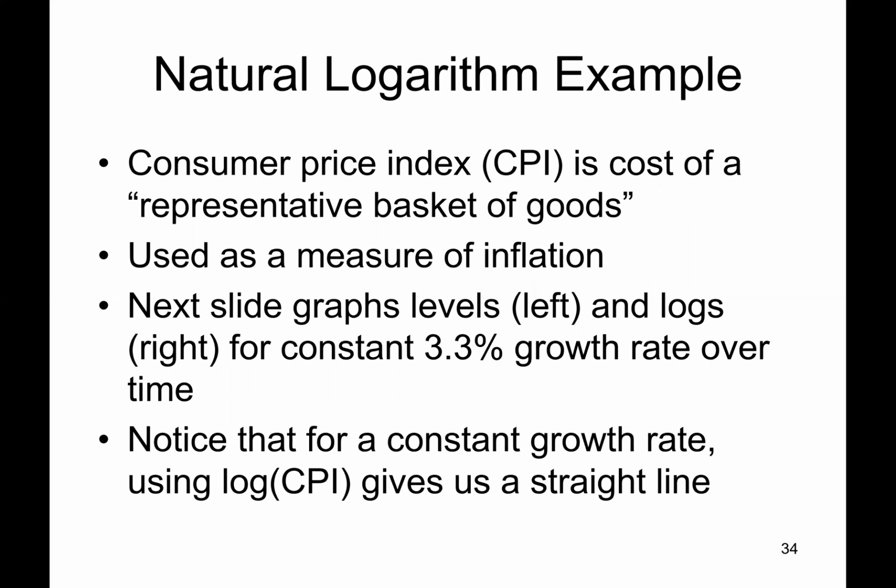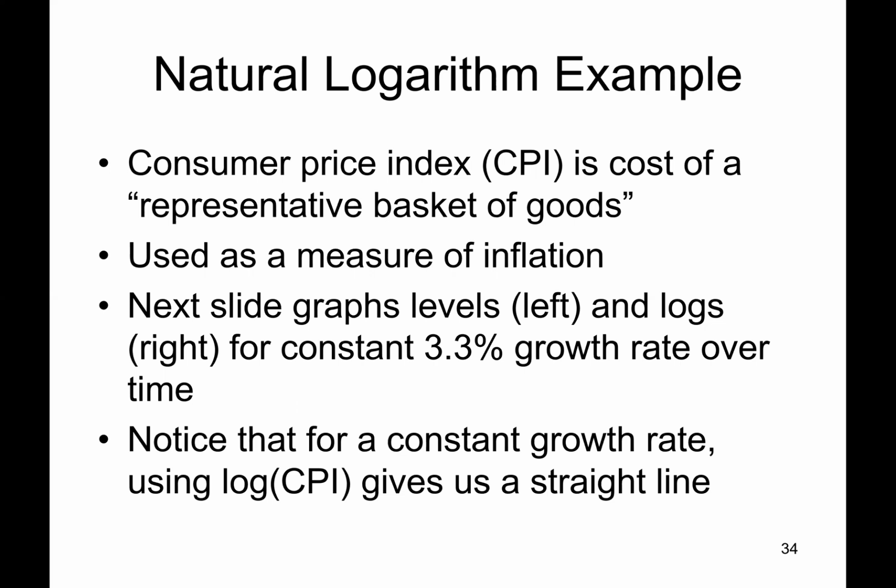So for example, the Consumer Price Index, many of you may have heard of this. It's a measure of inflation. It's the cost of a representative basket of goods that some person might want or need to buy. It's used as a measure of inflation, which is just another way of saying growth in prices.